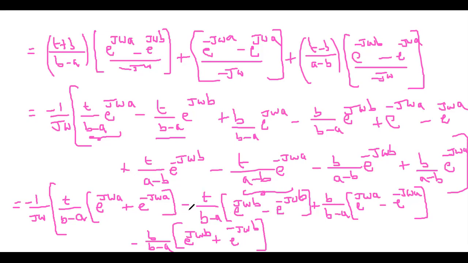We already take the minus as a common, means it's a plus A minus B. Okay. Then the remaining two terms we have, it is plus e power minus j omega A minus e power j omega A.